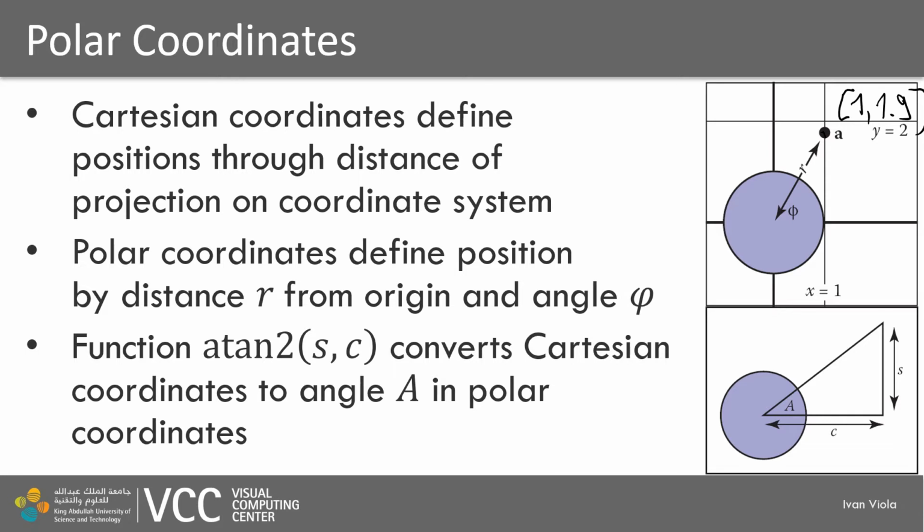However, this is not the only way we can define the position of the point A in this space. We can also define it in so-called polar coordinates, and those are not defined by the x and y coordinates, but by a certain radius and a certain angle.